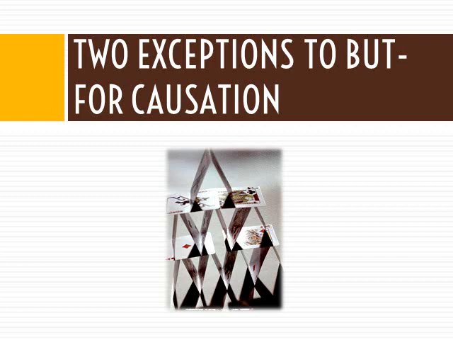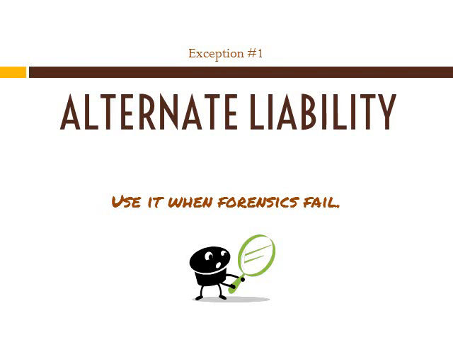They want to let the plaintiff have a claim anyway. So the first exception is alternate liability. This is basically a solution to a forensic problem. A solution to a problem when the plaintiff cannot prove which of the defendants was actually the one who caused her harm.